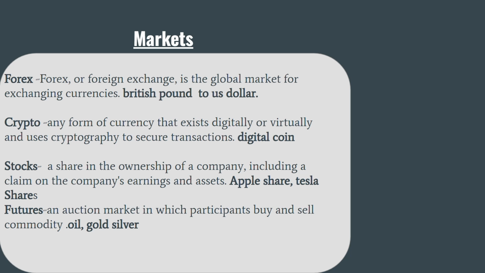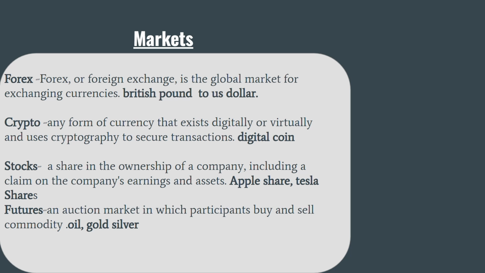Then there's stocks. Now stocks, we all know what stocks are. They're basically big name companies like Apple, Tesla, Amazon, Meta, Microsoft, Google. All of these companies, we could buy a percentage of, which are called shares, right?